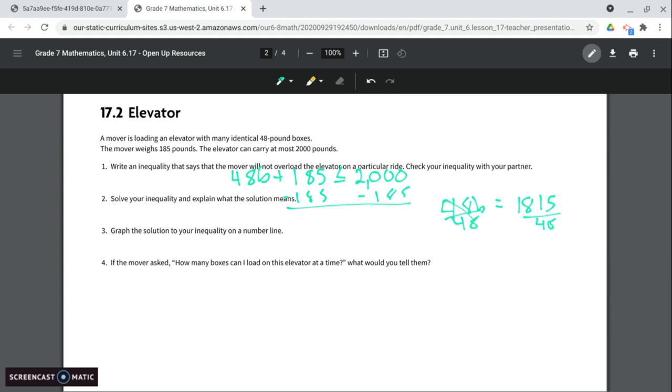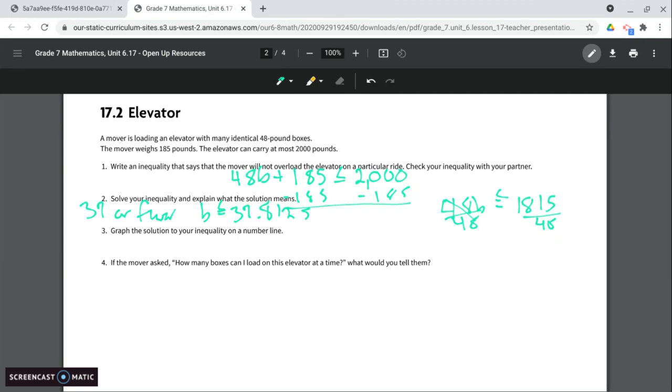And when we divide 1,815 by 48, we get b is less than or equal to 37.8125. So as a result, obviously he can't put 0.8125 of a box on there. So he'd have to do 37 or fewer. That should be a less than or equal to.